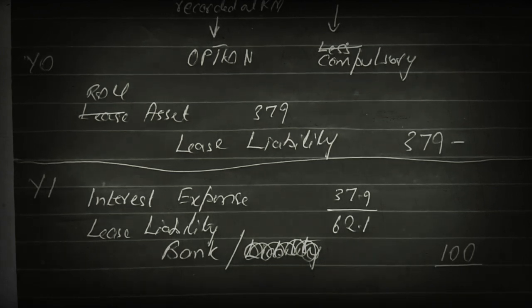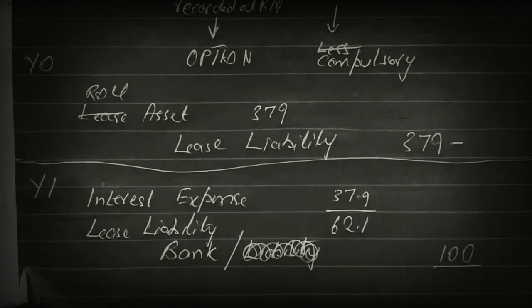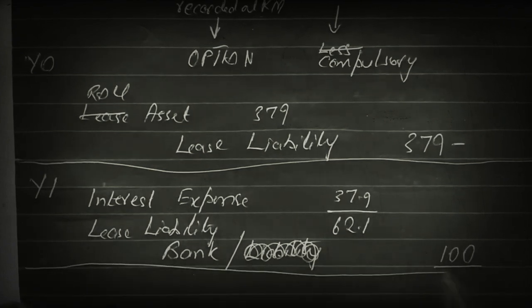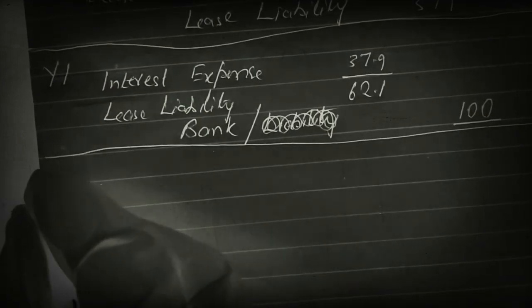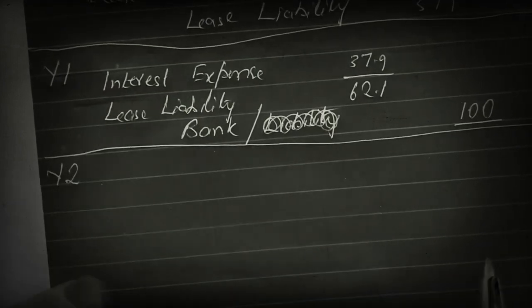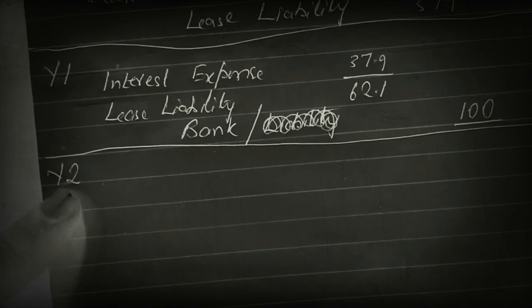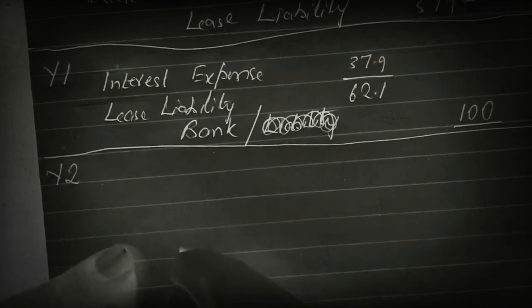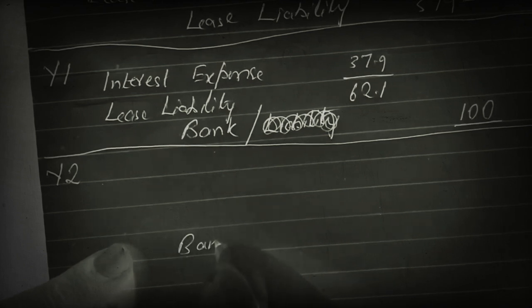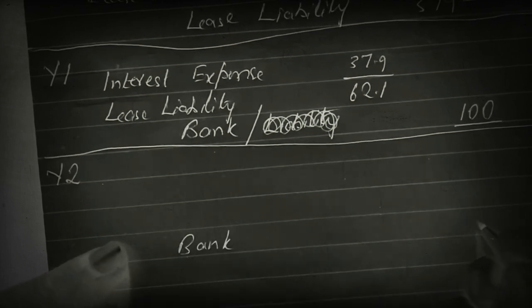Right? And we can repeat the same in year 2 and all of the years in which we would be carrying this lease asset. So at the end of year 2, we also make the same payment, which is by bank or cash, whatever the mode is, $100.